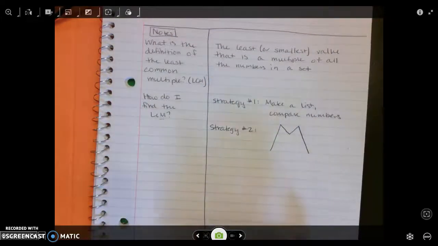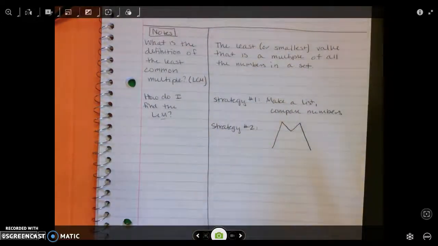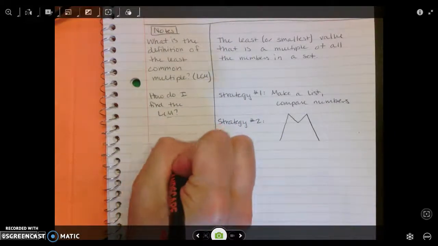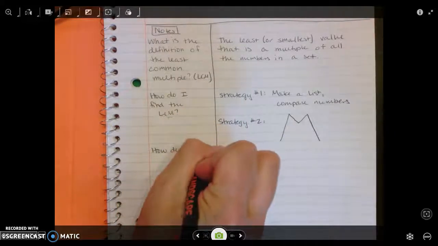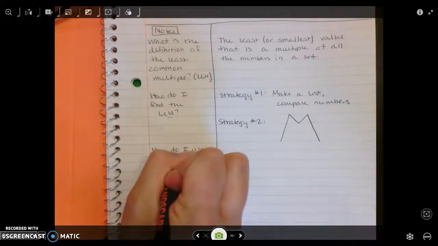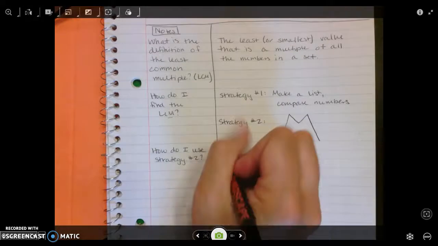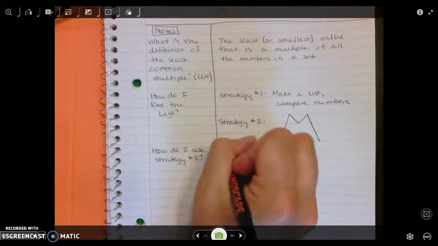Now you'll see as I do strategy number 2, you can basically remove the M and you basically just created a list and compared the numbers. So how do I use strategy number 2? What I'm going to do is show this with an example.